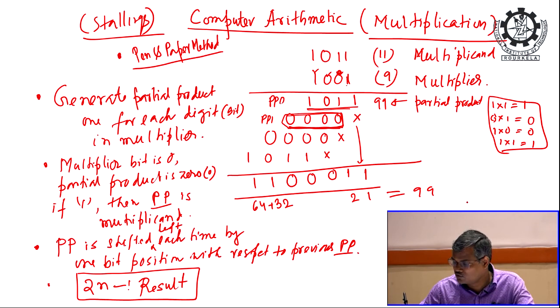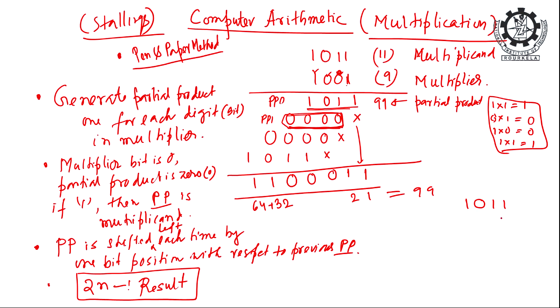What I wanted to convey is, I had the old number 1011, the pen and paper method. We started writing from this position, that is 0 0 0 and then 0. Instead of doing so, that means shifting left side, we will shift this value on the right side. So, 1 0 1 1, starting point is here.